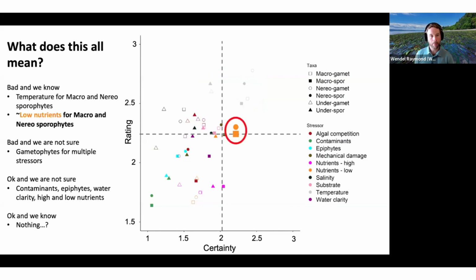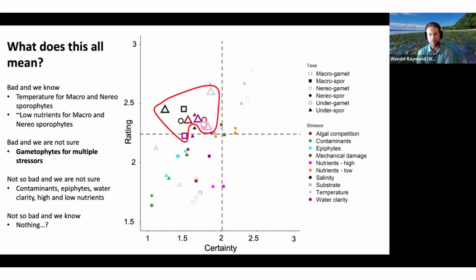Next slide. The next that's kind of on the line is low nutrients, again for macrocystis and nereocystis sporophytes, but a little bit lower on the stressor rating, and a little bit lower on certainty. Next slide. Okay, moving on to the bad and we're not so sure area of the plot.